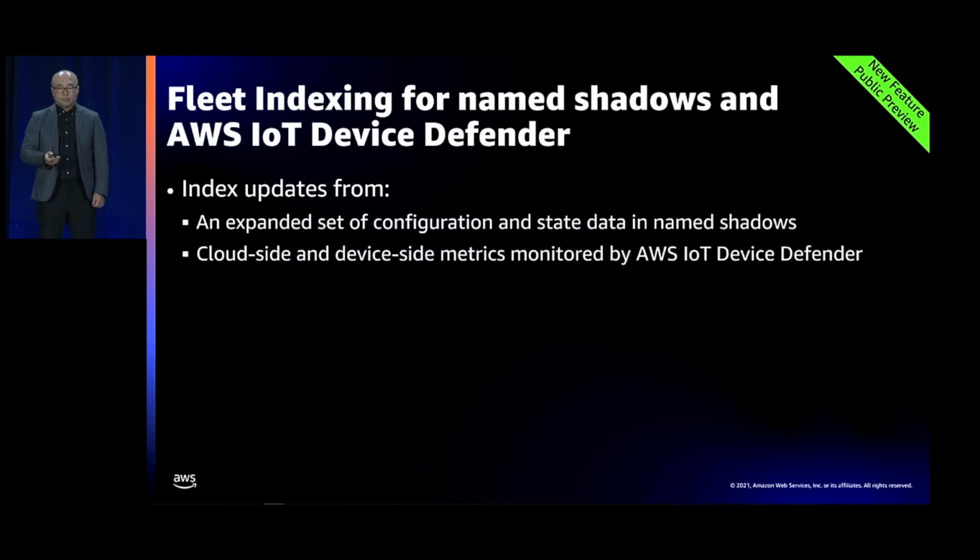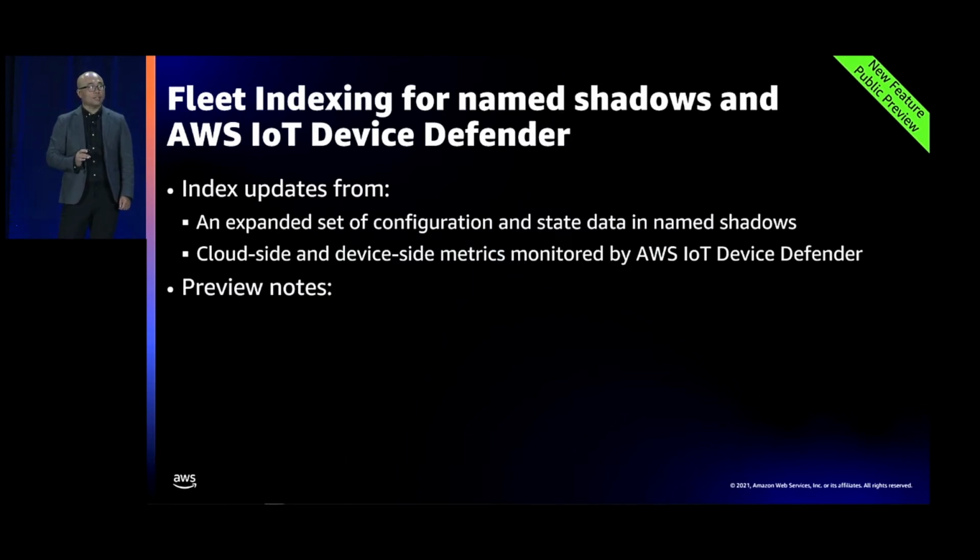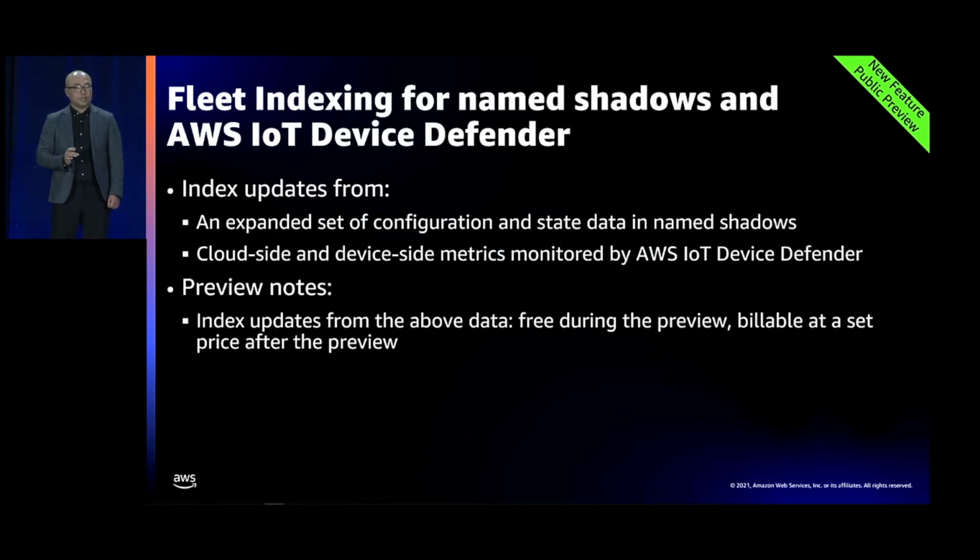And then, I'd like to share a couple of notes from the public preview. I promise this is the only word slide in this session. So basically, index updates from the above data, both the named shadow and AWS IoT device defender, are free.